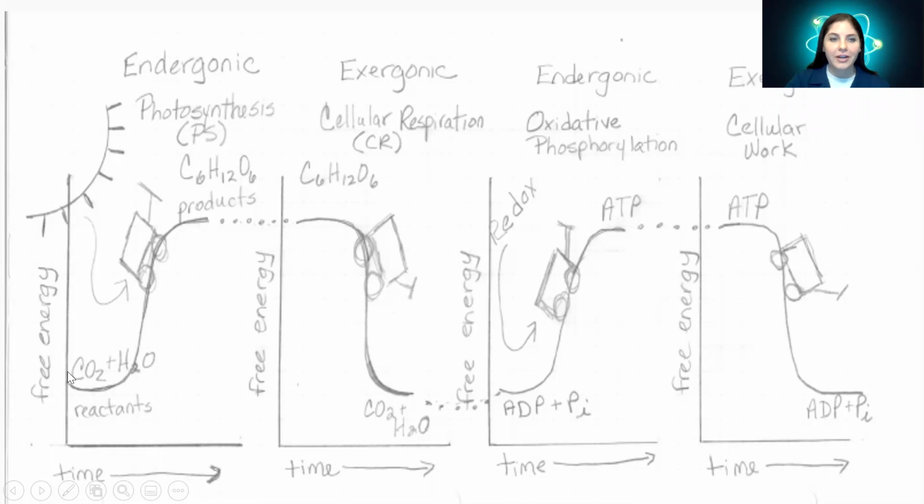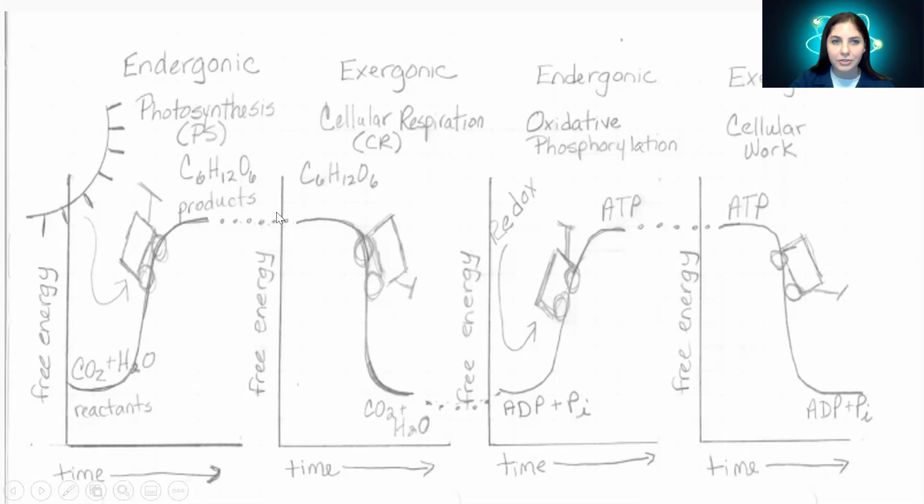We're taking carbon dioxide and water. We are using energy, so it's basically this uphill to create glucose. Now at the end of this, we have a high potential energy. We have a lot of energy that's stored in the bonds of this glucose molecule. So at the end of this reaction, we have a lot of energy that could be utilized.